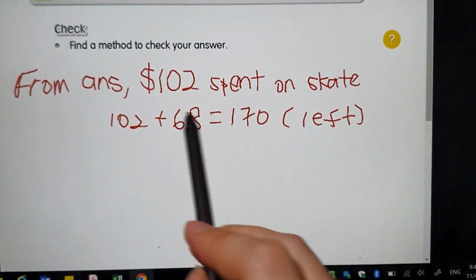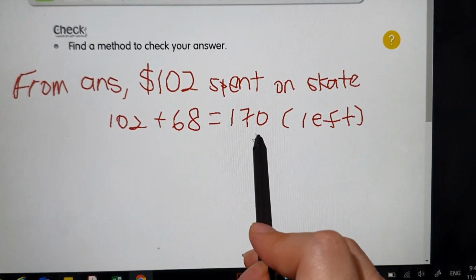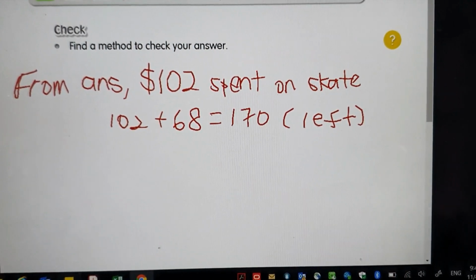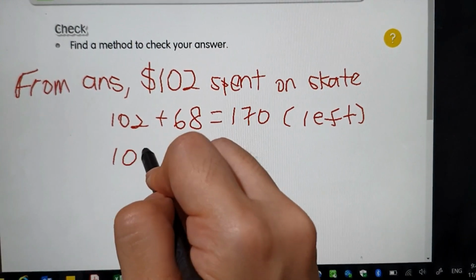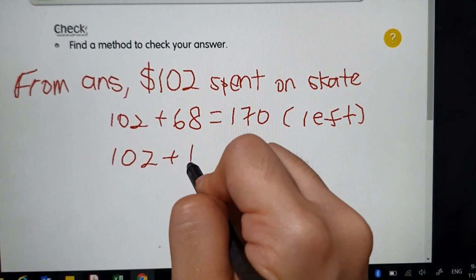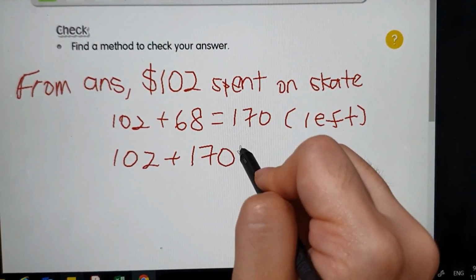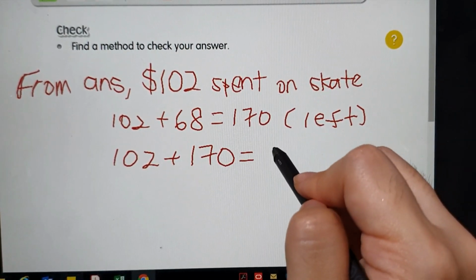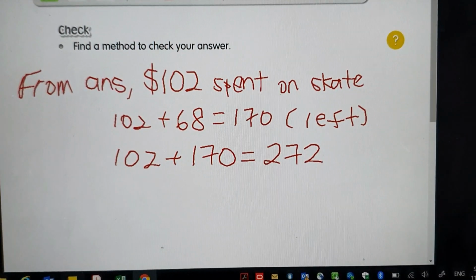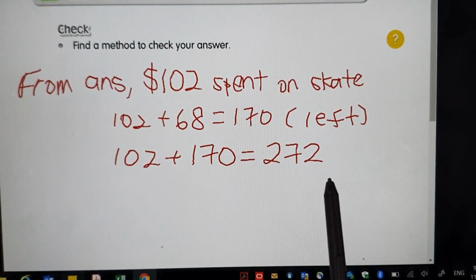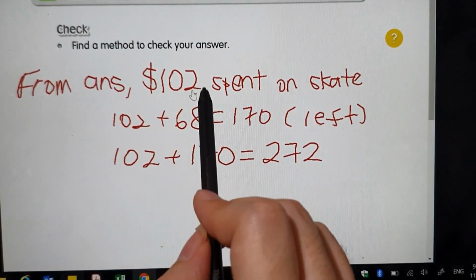Since I know how much he spent and how much he had left, I can go on to find the total amount of money that he had, which is 102 plus 170, which will give you 272. So he has a total of 272 and he spent 102.